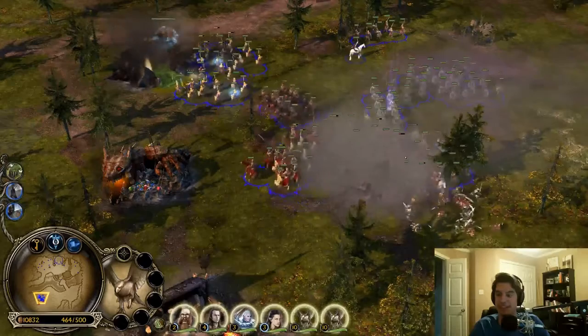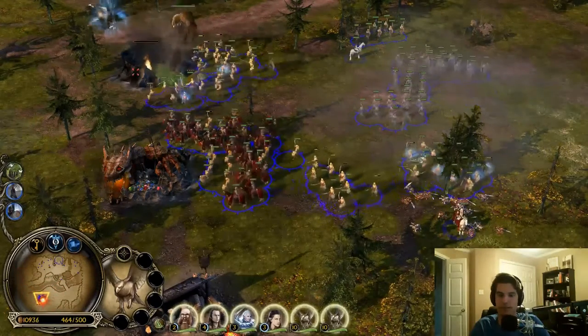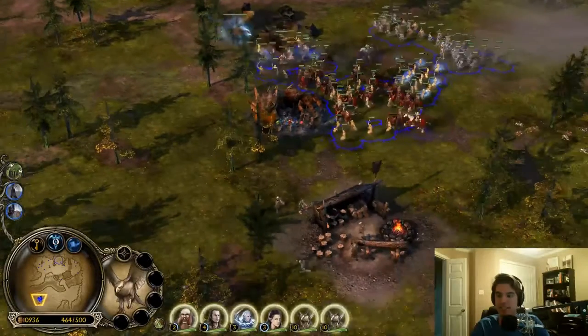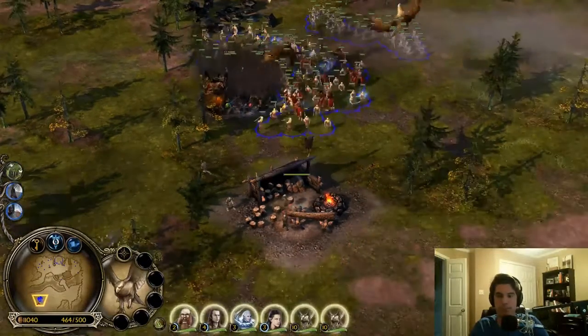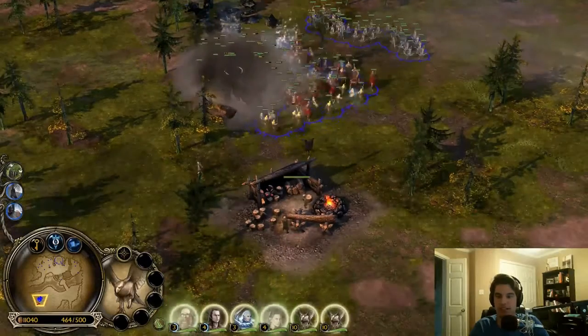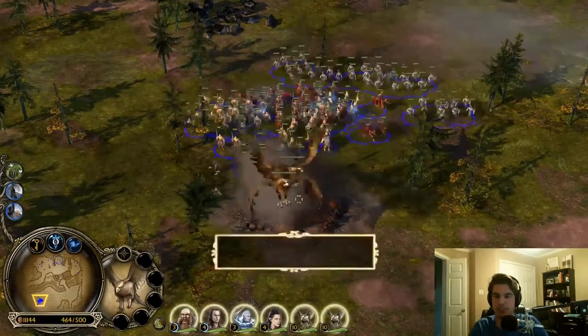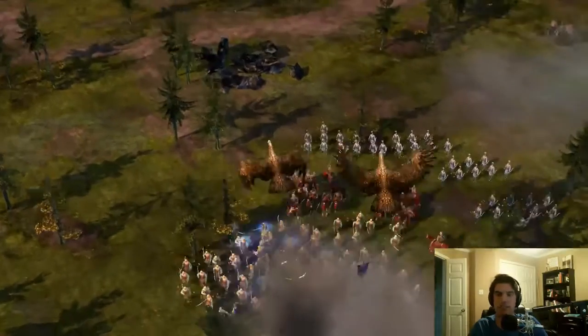Apparently that's a thing. There we go. All right, looks like I just got to get this last building and I'm good. Just got to hurry. Eagles still doing their thing. I like it, I like it. Good, awesome.